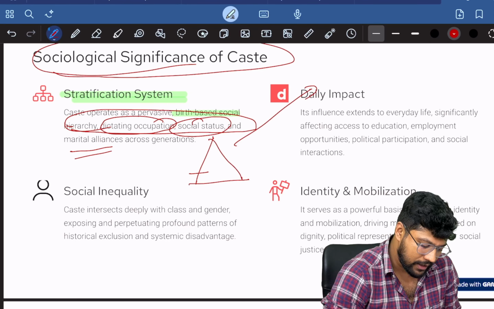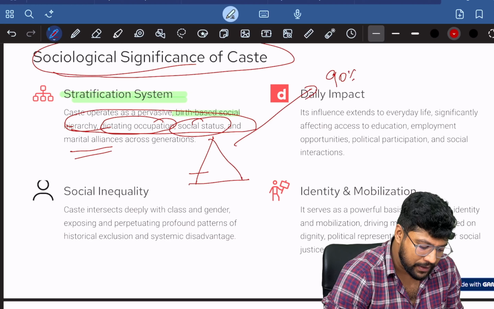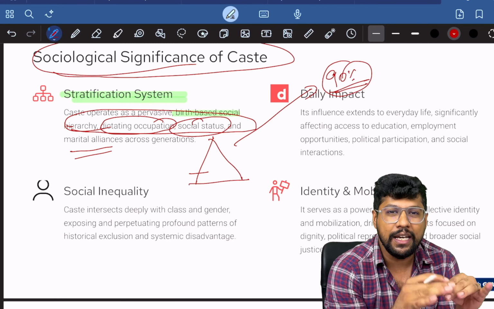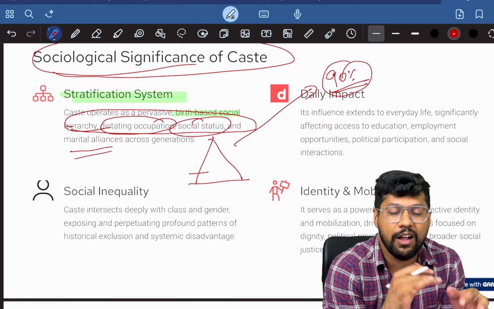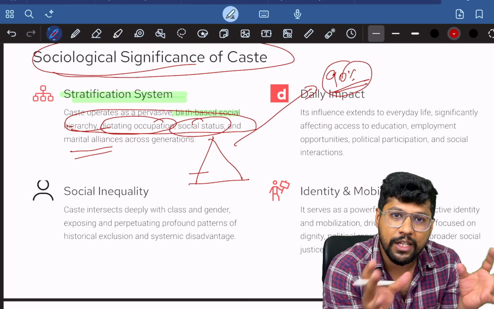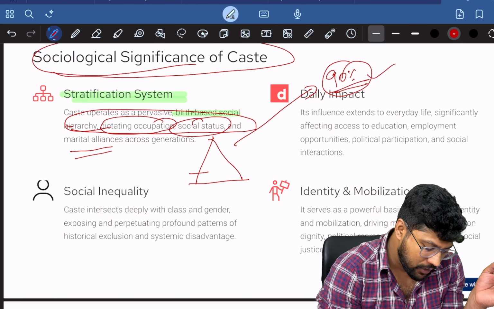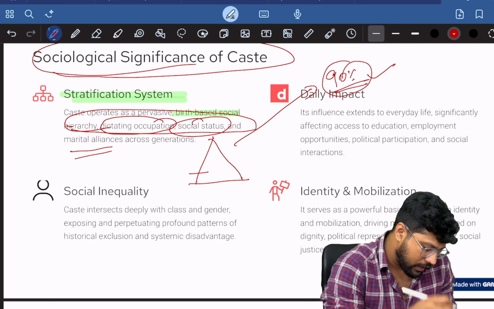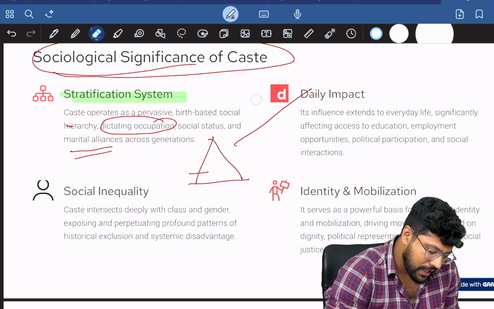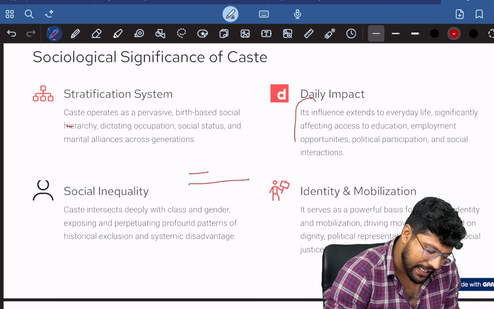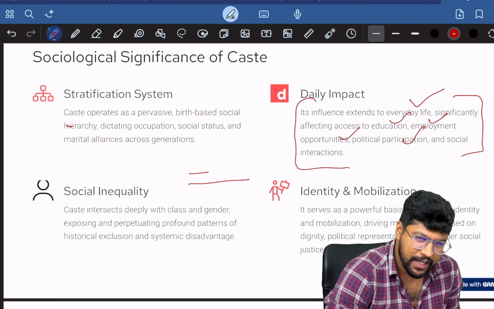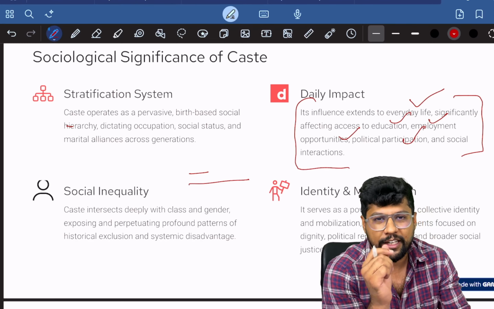As you know, recent surveys also show that 90% of marriages in India still happen within the caste. So people marry within the caste even today. Caste is such an important aspect of the Indian stratification system, as well as of daily life, affecting your everyday education opportunities, employment opportunities, and many other aspects. Even today, caste is influencing.